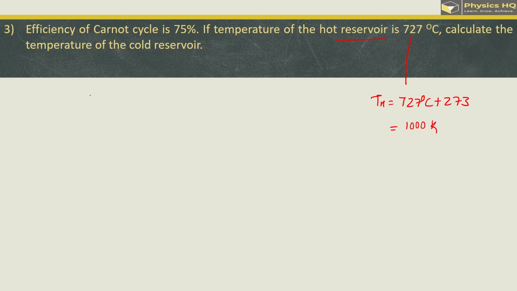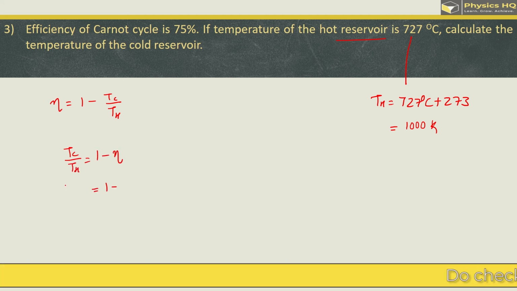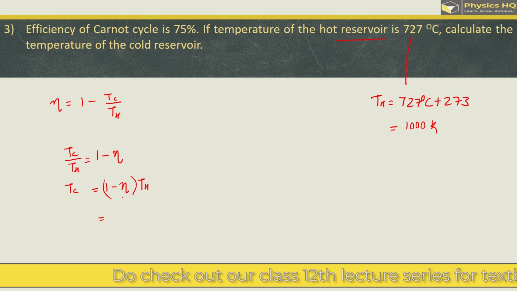So efficiency is given as 1 minus temperature of cold upon temperature of hot reservoir. This can be written as temperature of cold upon temperature of hot is equal to 1 minus efficiency, and temperature of cold will be finally 1 minus efficiency into temperature of hot reservoir.